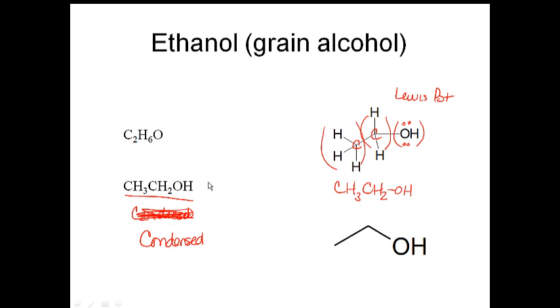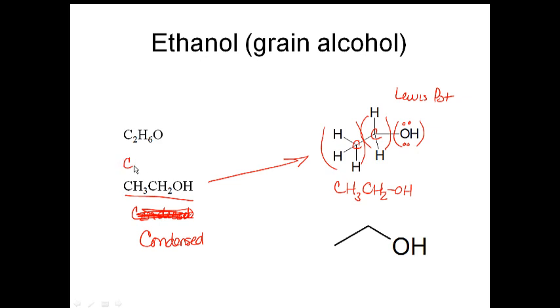Now, how do you get from here to here? Well, what we have to remember is that hydrogens always occur on the outside of the molecule because a hydrogen cannot have more than one bond. And so how would I take a condensed structure and make it into a Lewis dot structure?